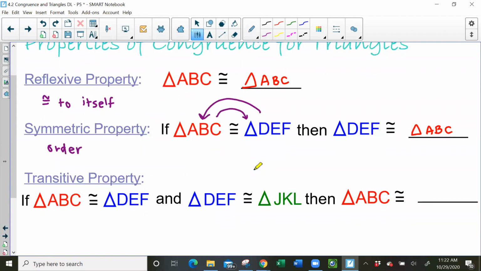Finally, the transitive property. This is when we link them together.